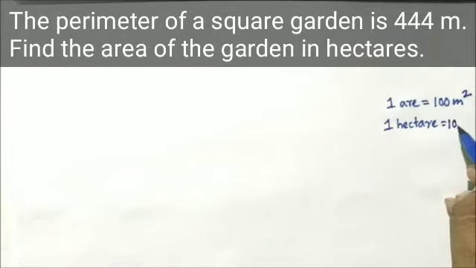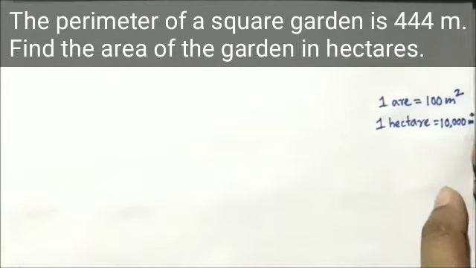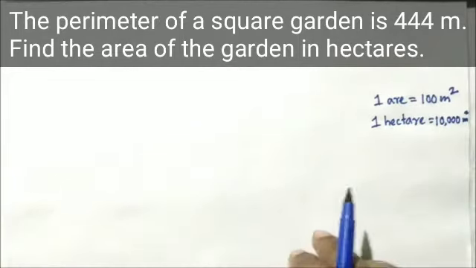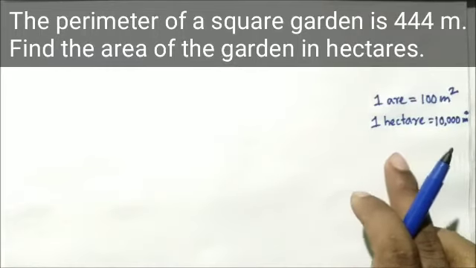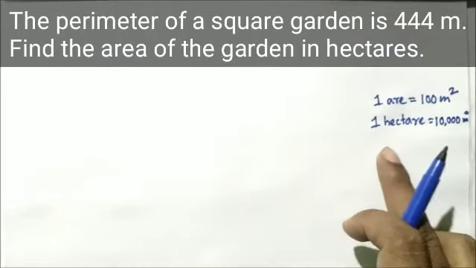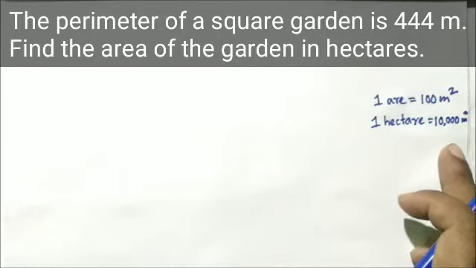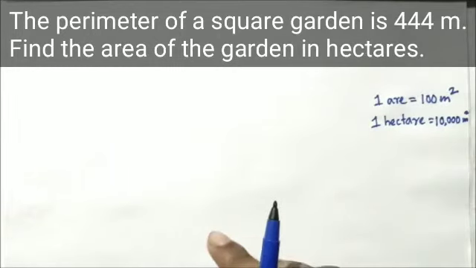I'm just running out of my page. Okay, you note it down. 1 are is 100 square meter and 1 hectare is 10,000 square meter. So whenever we get 10,000 square meter, that is equal to 1 hectare.